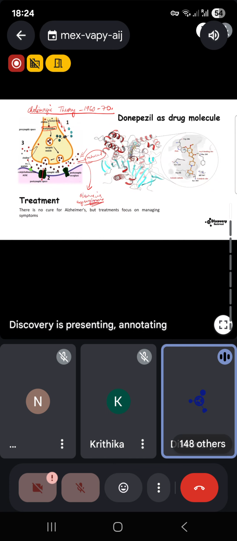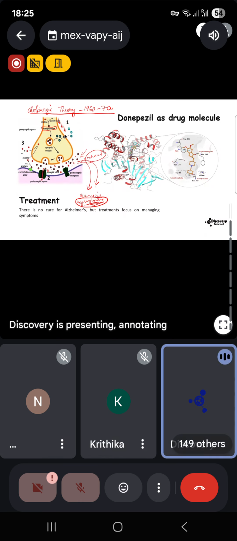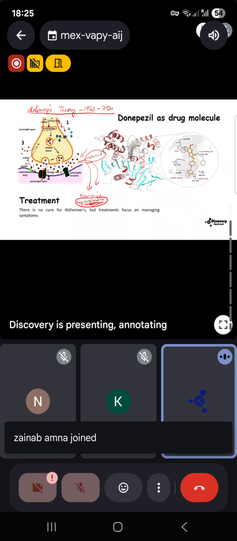So the idea is, if you can maintain the neurotransmitter level in the synaptic cleft, you may be able to reverse the symptoms, or at least manage them.